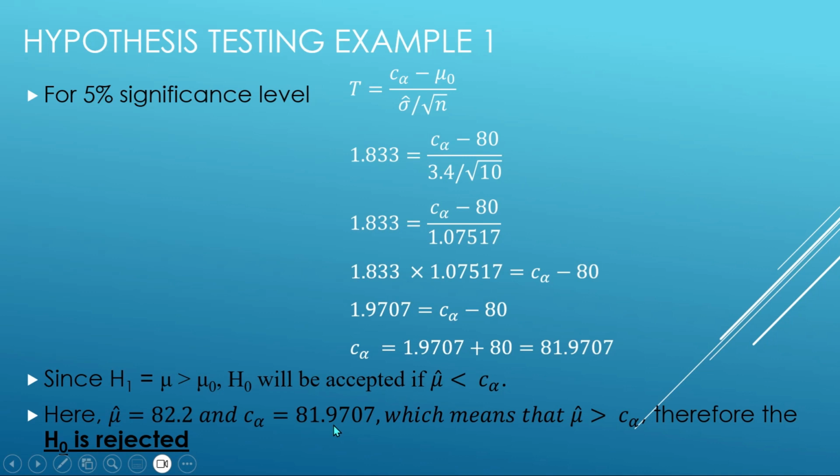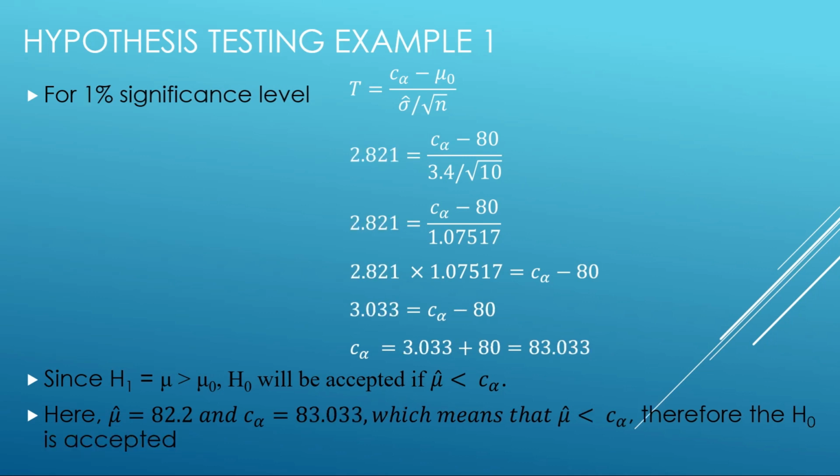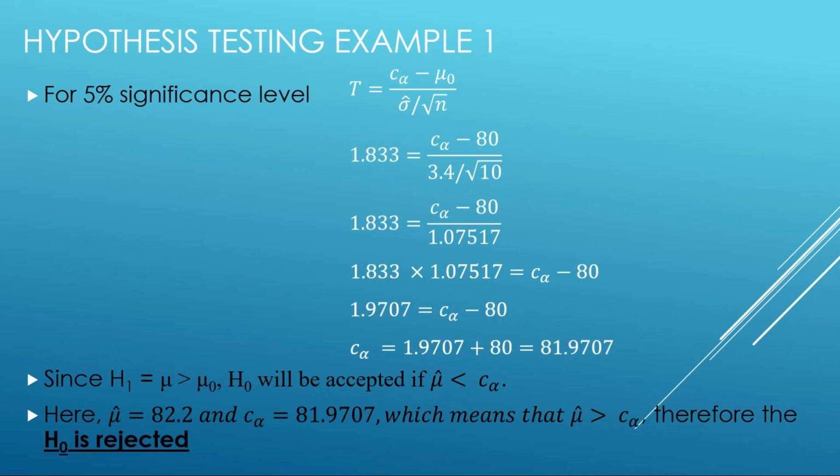So in this case, we will reject it. So we will accept this hypothesis for significance levels 1% and 2.5%, but we will reject it for 5%. So we can see that accepting or rejecting a null hypothesis depends on the significance level you are going to assume.